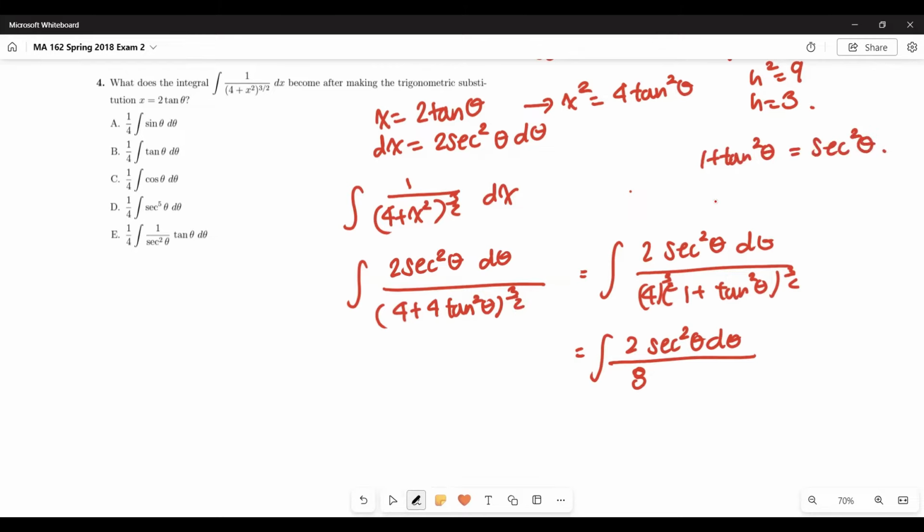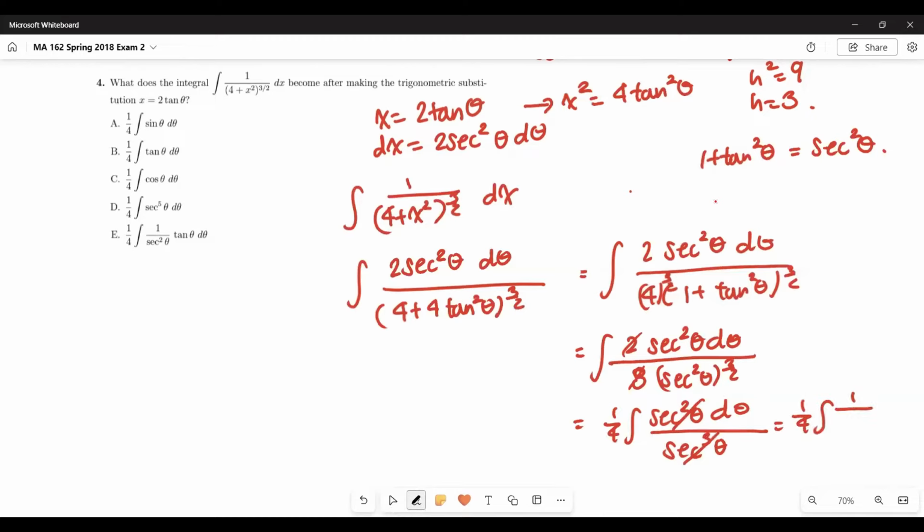So this will be just 8 secant squared theta to the 3 over 2. So this just becomes 1 over 4 secant squared theta d theta over secant cubed theta, which is the same as 1 over 4 times 1 over secant theta d theta, which is the same as 1 over 4 cosine theta d theta, right? Integral. So the answer for this question is C.